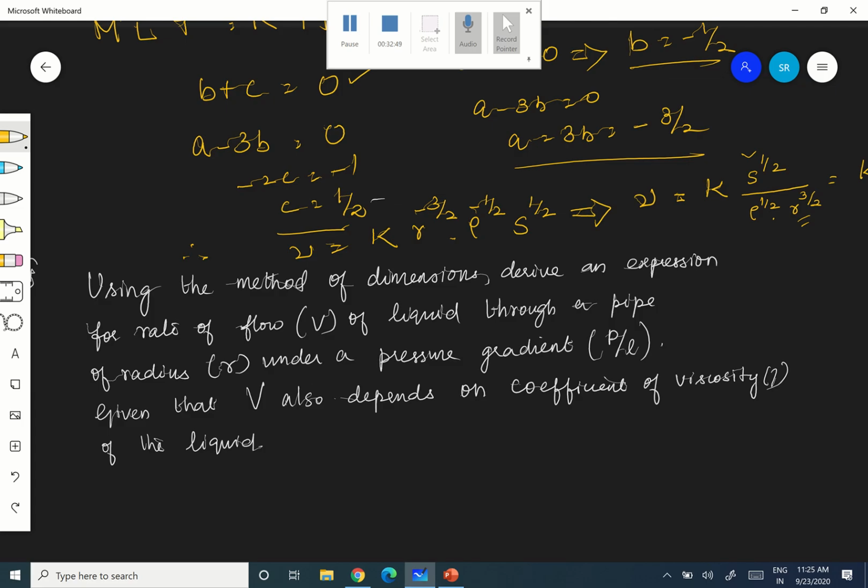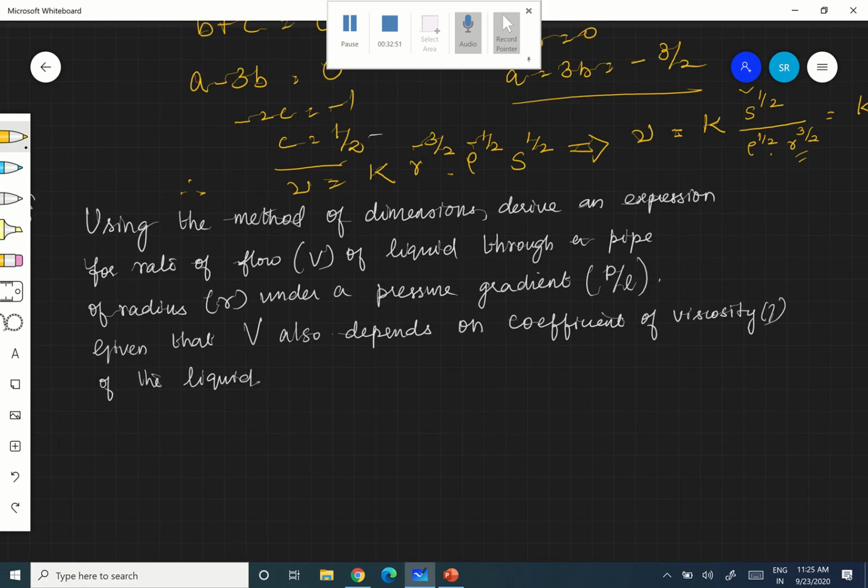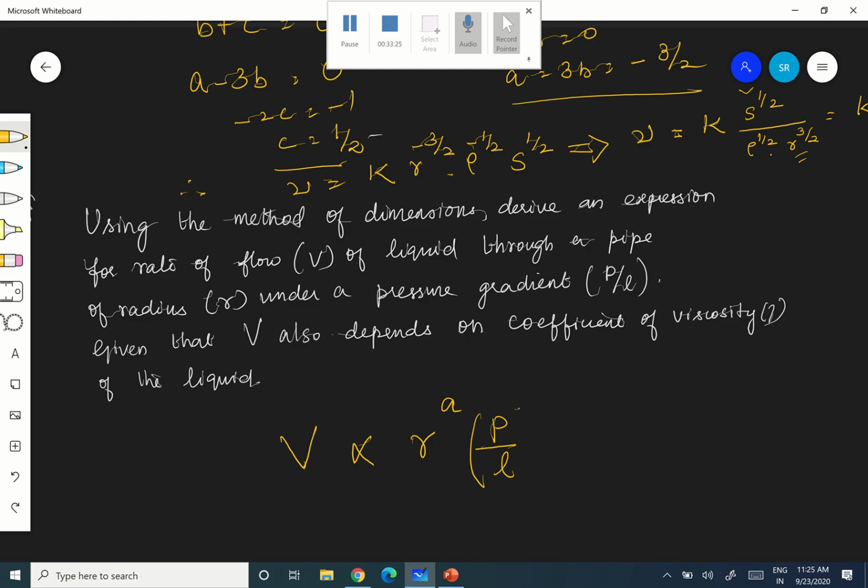Now you tell me what the rate of flow of the liquid is. What do you mean by that? The rate of flow of the liquid is nothing but the volume of the liquid flowing per second. Correct? Therefore the rate of flow of the liquid is given by V. V is proportional to, depends on, radius r power a, and the pressure gradient p by l power b.